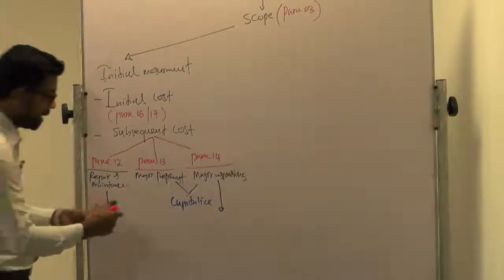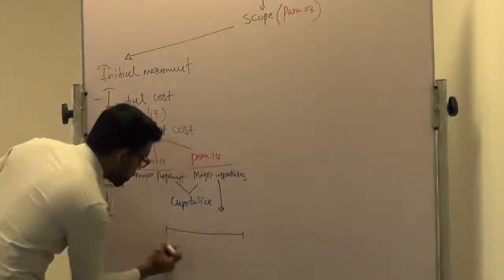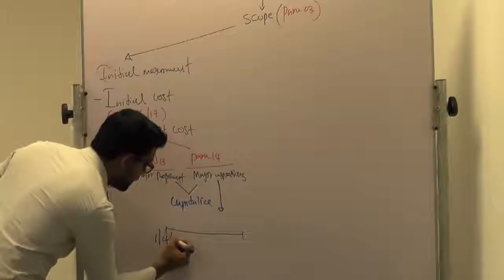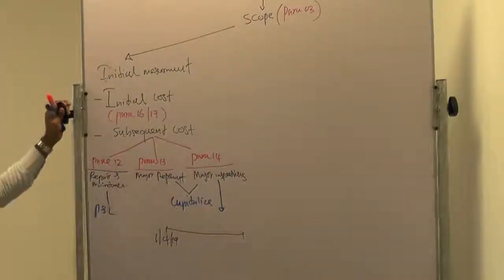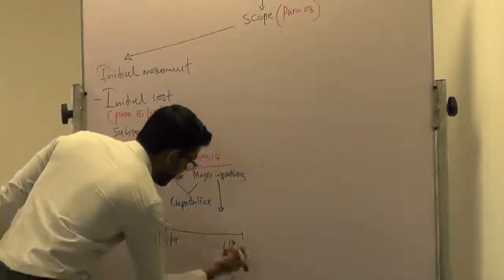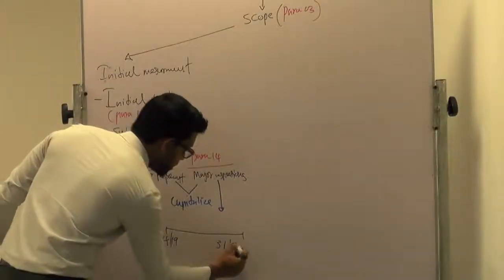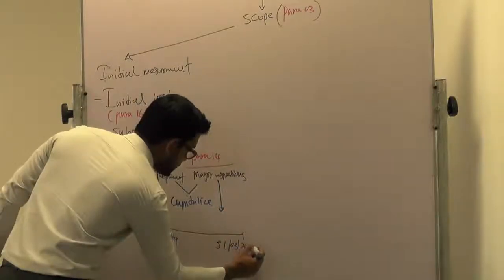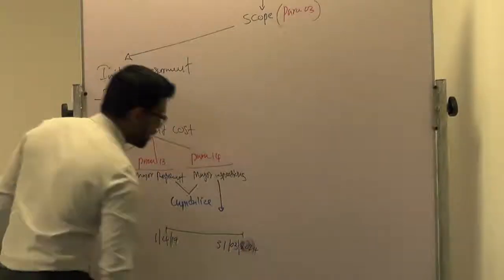Now, let us say you undertake one inspection on 1st April 2019, the very first day of this financial year. According to market standards, you may need to carry out this major inspection after every 5 years. So you should carry out another inspection on 31st March 2024, after 5 years.